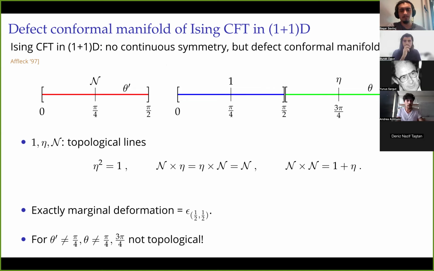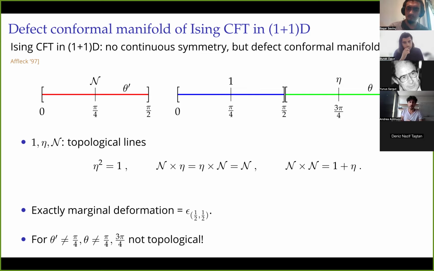I want to give you an illustrative example, and we'll come back to this example over and over during the talk to illustrate the main ideas. The main example is the Ising CFT in 1+1 dimensions. As you know very well, this is the simplest minimal model and does not have any continuous global symmetry.